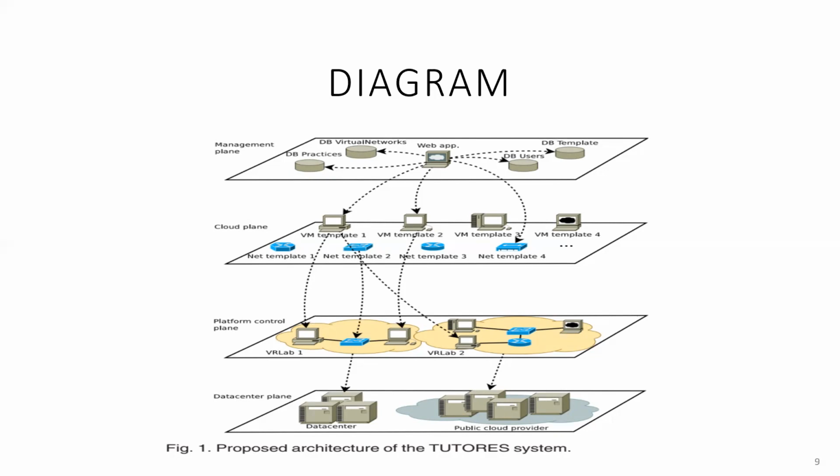For example, the web services in the management plane use the databases to store the layouts shown in the cloud plane. Then for the platform control plane, each of these is utilized to generate the VMs and system that comprise VR labs. Virtual labs in turn are hosted in local servers or by a cloud service provider.